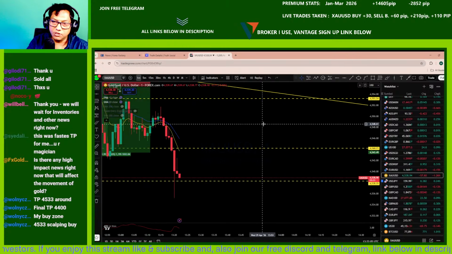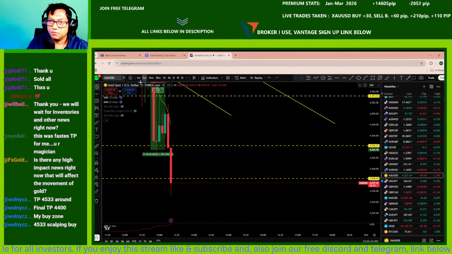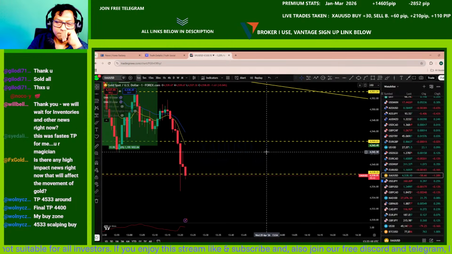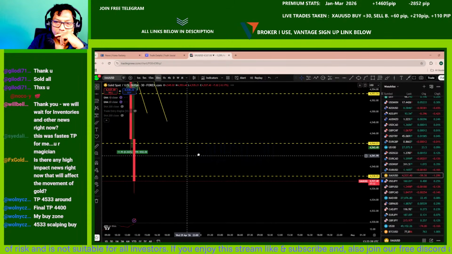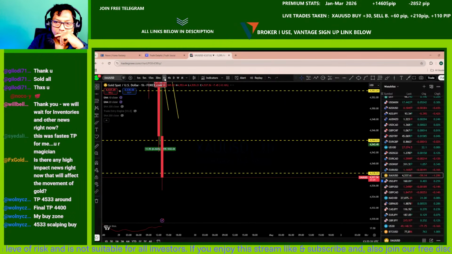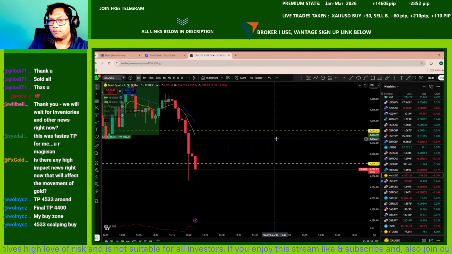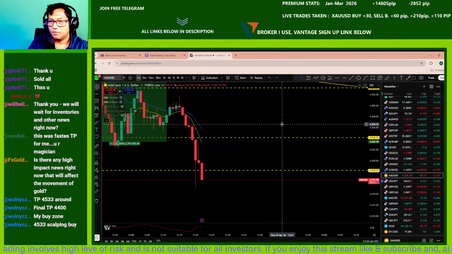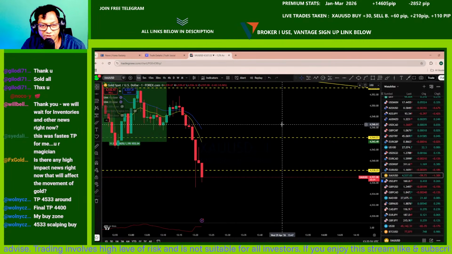So bearish pressure that you can see still, maintaining the downtrend. Four, 5, 3, 3 scalping.